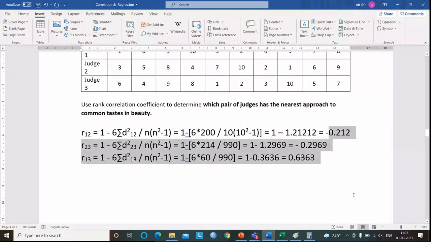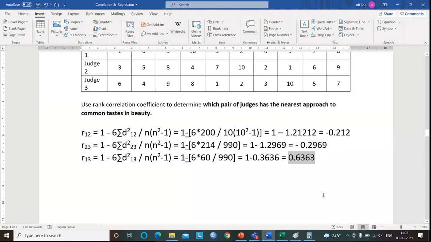Let us suppose all three answers are negative. Then which answer is to be considered? Let us suppose this is also minus 0.6363. Then we select the least negative value, that is minus 0.212. If the three values are positive, we take the highest value.